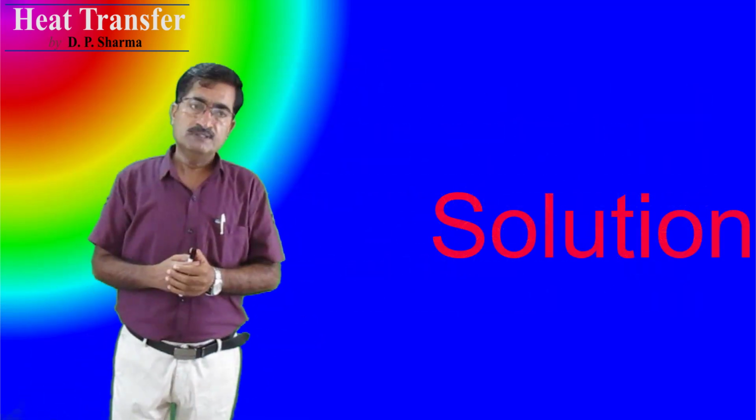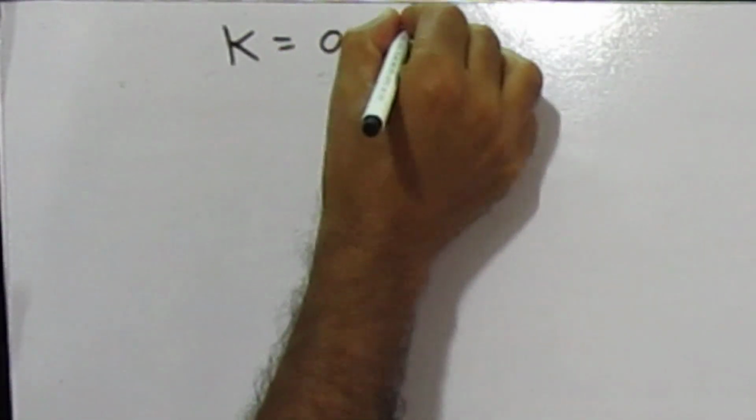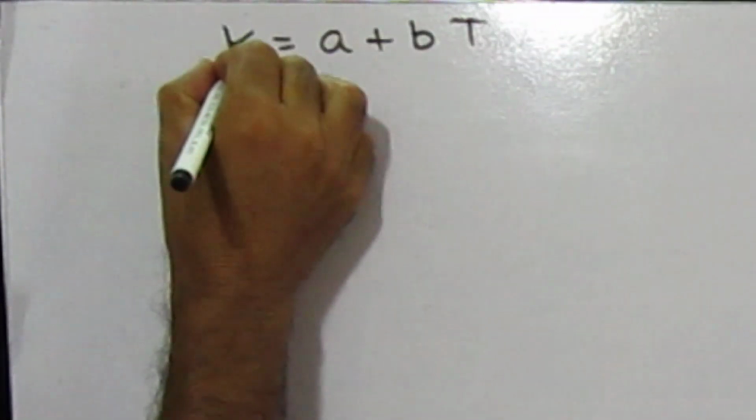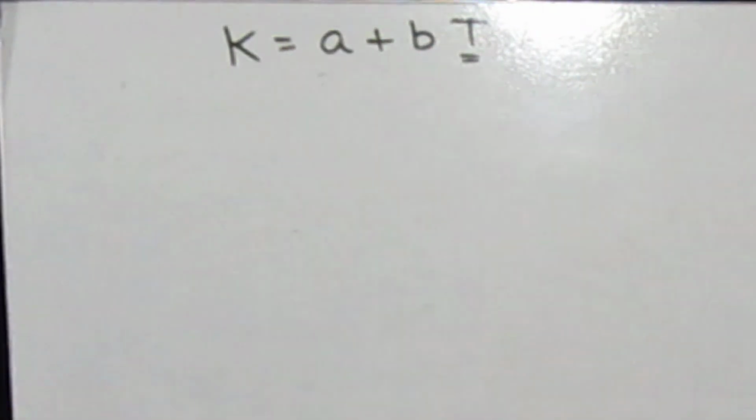Now we solve it. Conductivity of wall K equals A plus BT, means K is a function of temperature, which is linear.